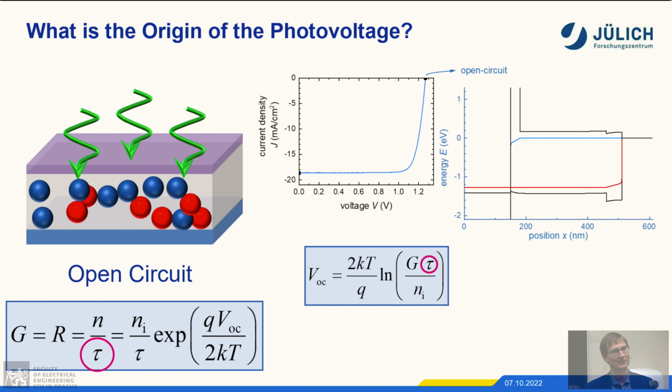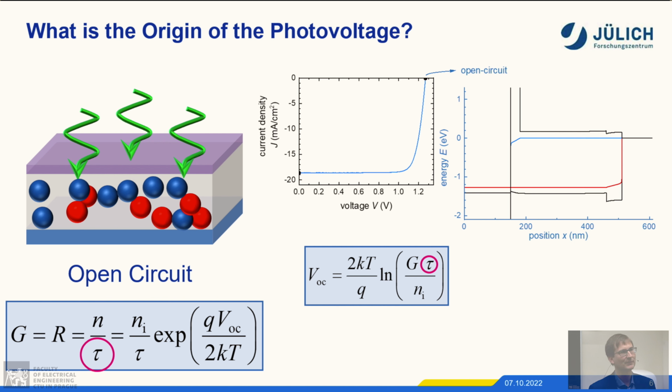This is our lifetime that we'll talk about a lot later on. The lifetime would then have something to do with how quickly these electrons and holes recombine, right? And from this balance of generation and recombination, you could then calculate the maximum open circuit voltage you could get inside a solar cell if you relate your carrier concentration with a voltage.